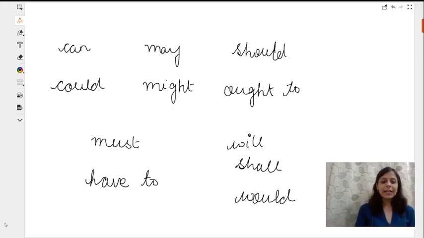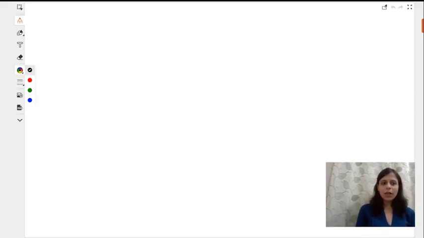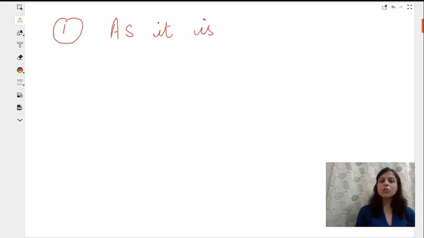So let's get into some of the basic do's and don'ts as far as modals are concerned. The very first thumb rule when it comes to modals is to use them as they are. Don't change the form. So use the word as it is when it comes to modals. I'll give you a very good example. Let's say I have to make a statement, and the statement is: he can swim.